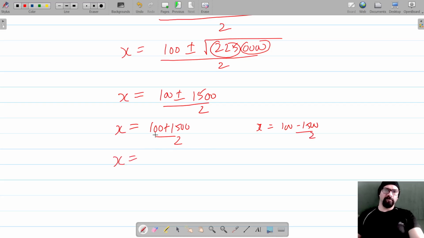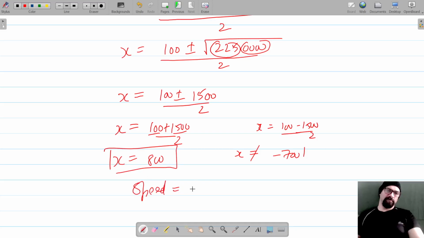So 100 plus 1500 is 1600, divided by 2 is 800, and here 100 minus 1500 is minus 700, which cannot be the speed. So our answer is x, the speed, is equal to 800 kilometers per hour.